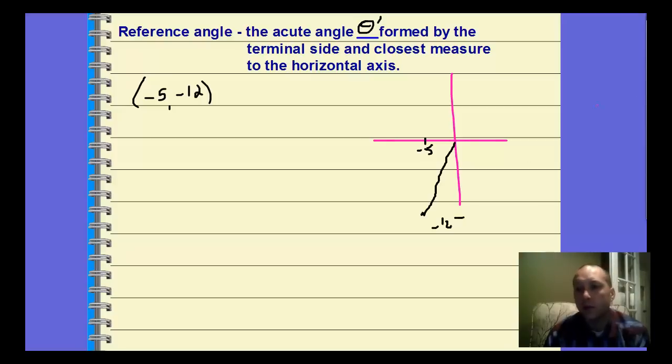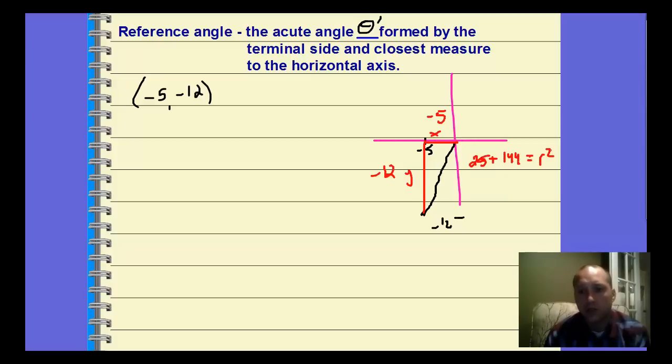If I create my right triangle, I'm going to go vertical back to the x-axis, and then horizontal to the origin. So I have my x value, which is -5, and my y value, which is -12. If I want to find my hypotenuse here, I'm going to do the Pythagorean theorem. So it's going to be 25, which is 5 squared. 12 squared is 144.